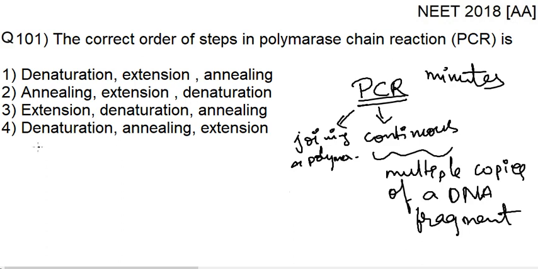Here I am drawing two DNA fragments. This is one DNA fragment and this is the other DNA fragment. Both are joined together with the help of hydrogen bonds. These are the hydrogen bonds.